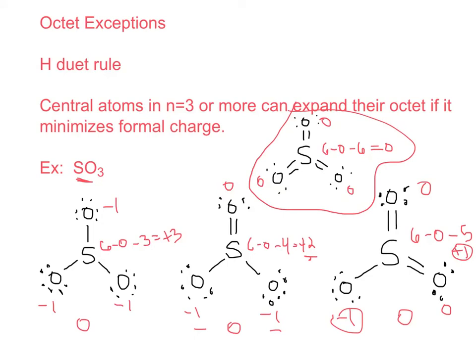It actually has 12 electrons. It's formed 3 double bonds, but you would find that this is probably the most likely arrangement for the electrons because sulfur is in the third row, so it's allowed to expand its octet.